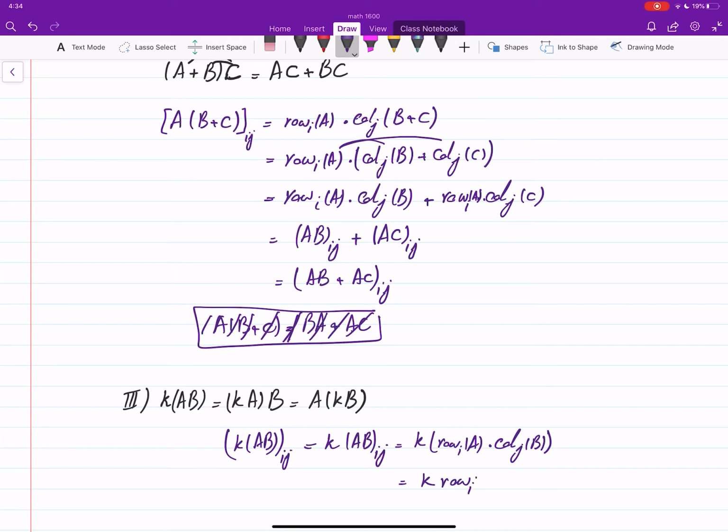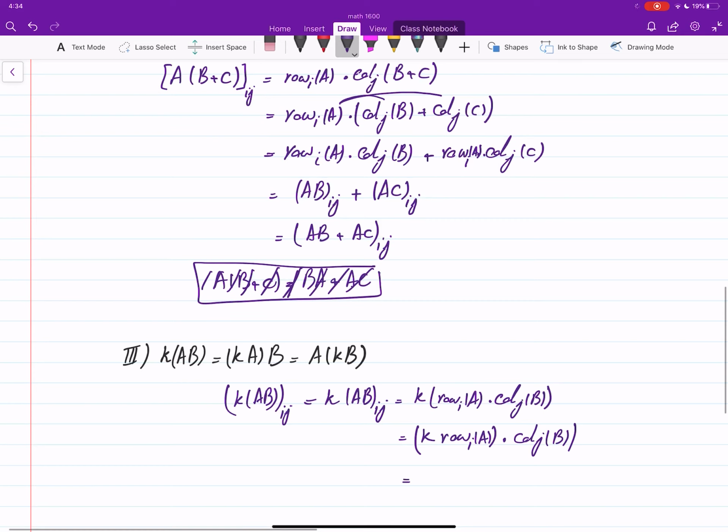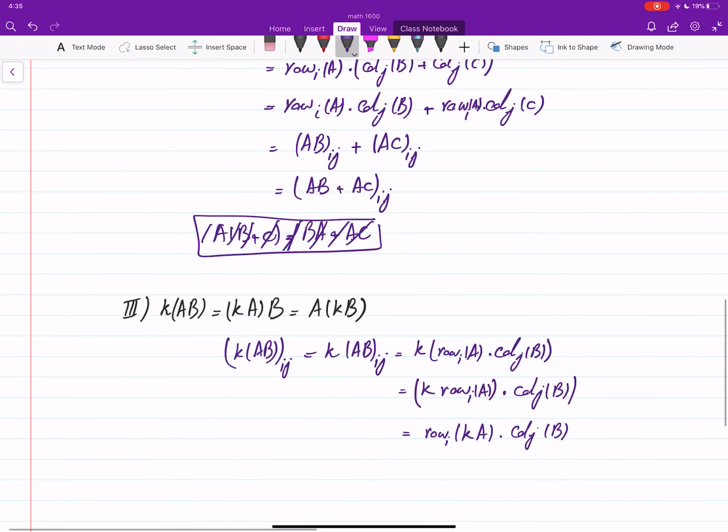It means that we can first scalar multiply k to row i of A, and then dot product it by column j of B. And this is the same thing as row i of kA. And this means that the ith row of kA multiplied to the jth column of B. This means that we have the (i, j) entry of (kA)B.